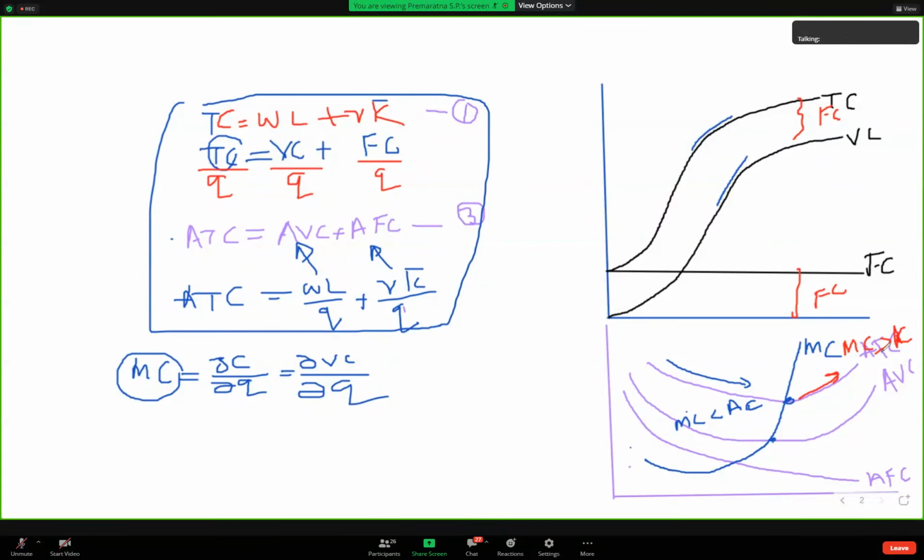So that relationship is important for your exam. That point here, which means the minimum point of average cost, there the average cost equals the marginal cost. So that relationship you have to understand.